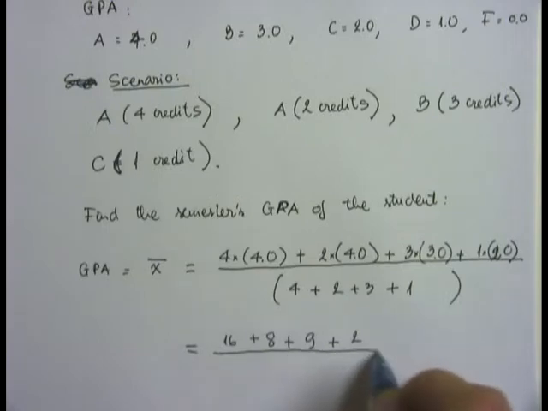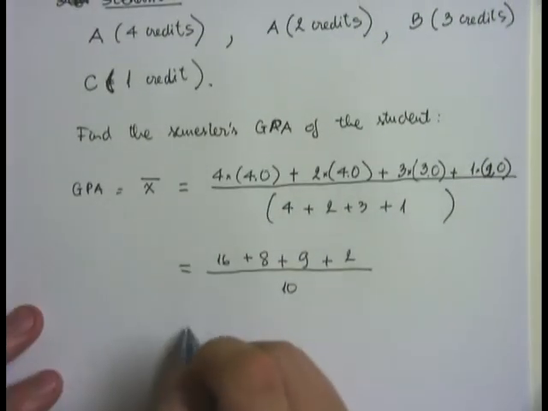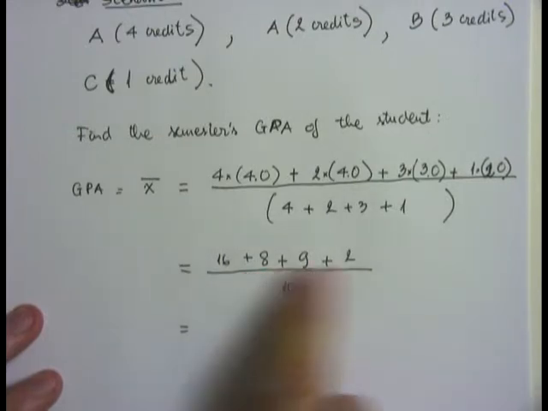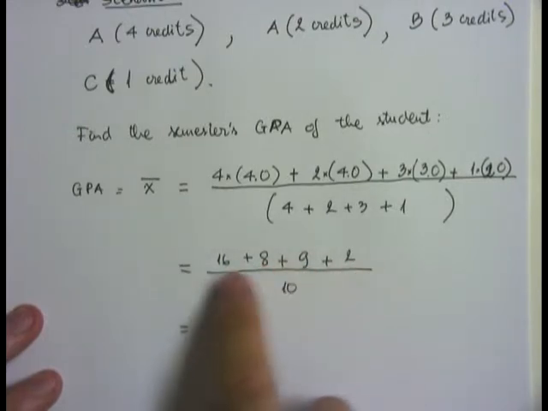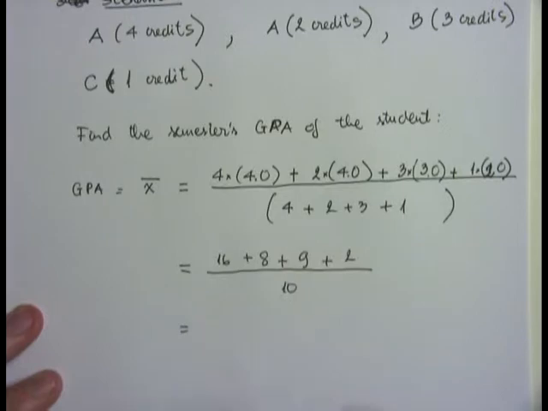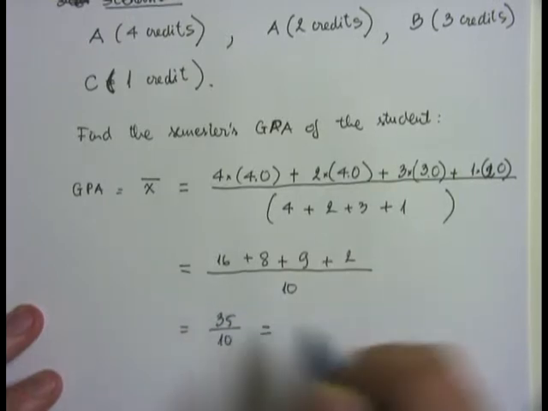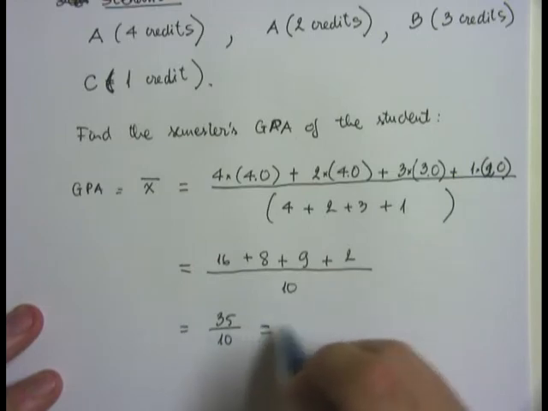That adds up to 25, plus another 10, so it's 35 divided by 10. So the semester GPA of the student is 3.5.